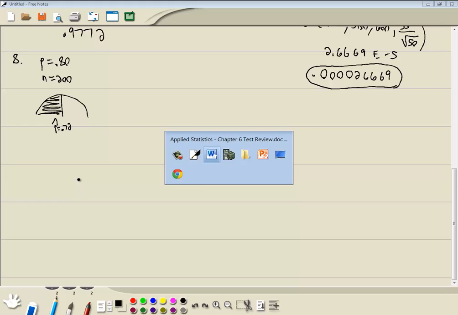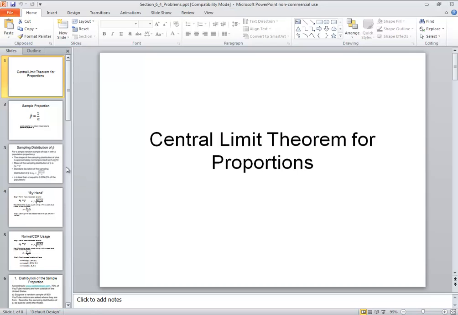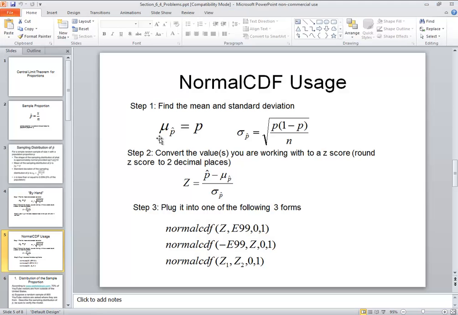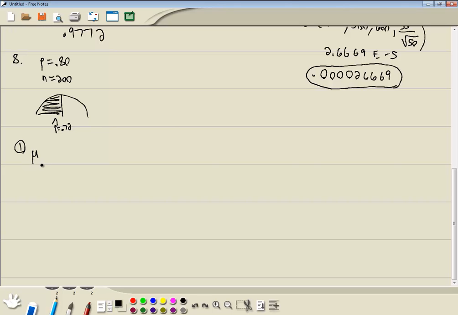Okay, well, let's go to our steps. Our first step is find mu sub p hat, which is going to equal p, which is 0.80. Then we have sigma sub p hat, which is equal to the square root of p times 1 minus p over n. So that's going to be 0.80 times 1 minus 0.80, all over n, which was 200.